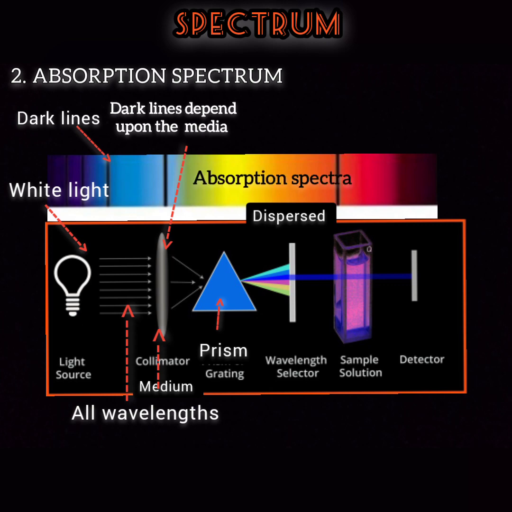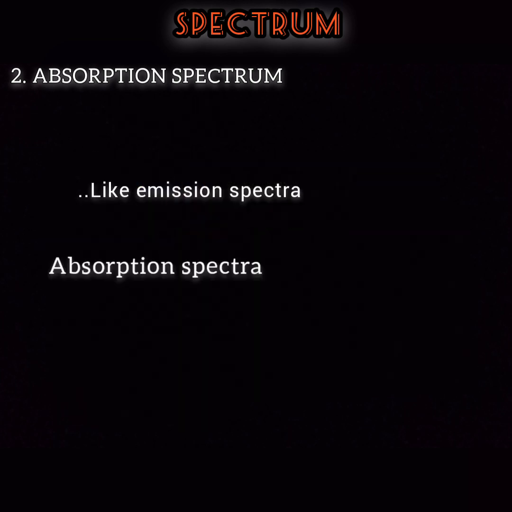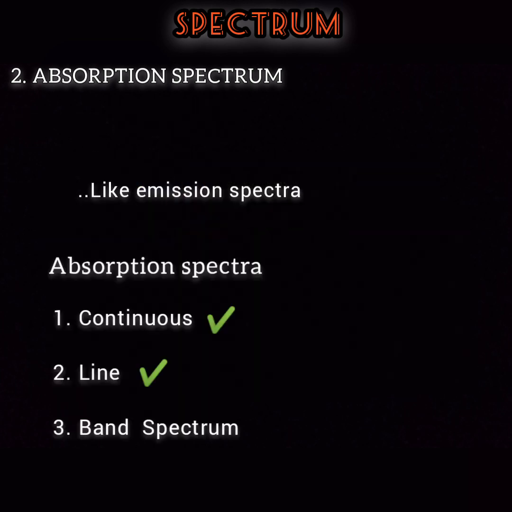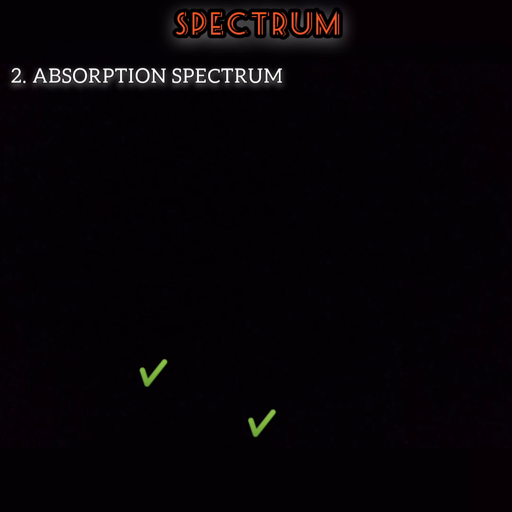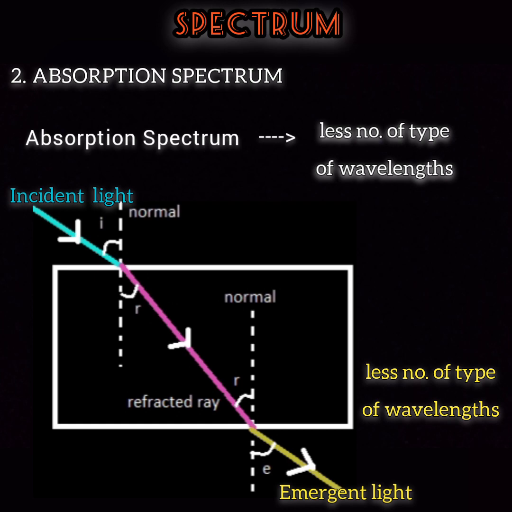Like emission spectra, the absorption spectra may also be continuous, line or band spectrum. An absorption spectrum contains fewer types of wavelengths in the emergent light than in the incident light.